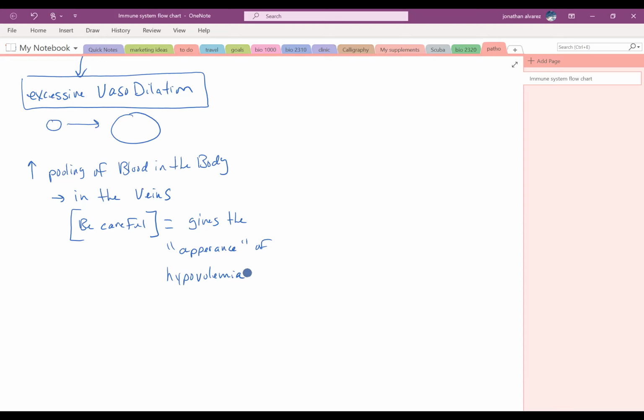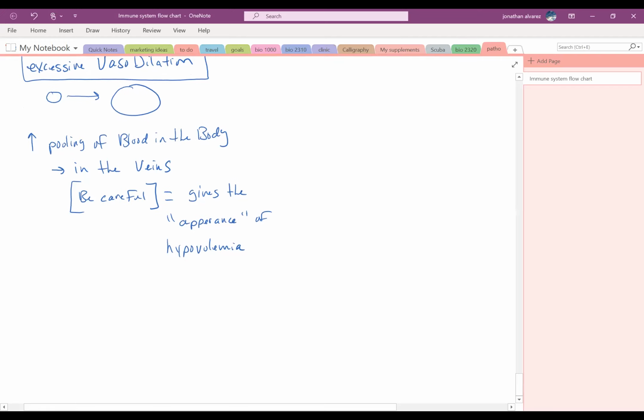If I give you a balloon and tell you to blow it up, you can push massive amounts of air or fluid, like a water balloon, inside of the balloon, and it just expands. Veins are very elastic like that. They can expand quite a bit. So this pooling of blood in the veins is what's causing that.